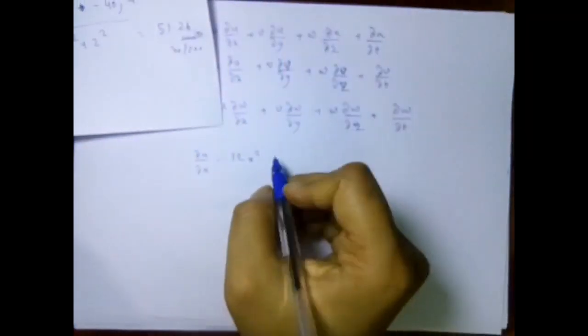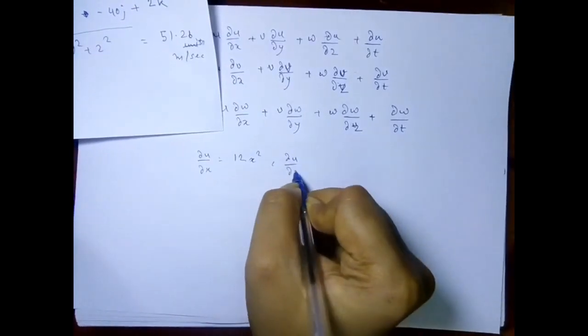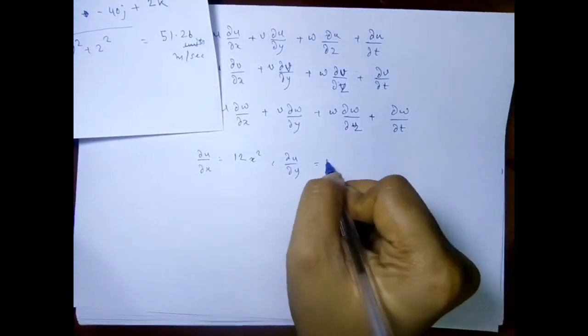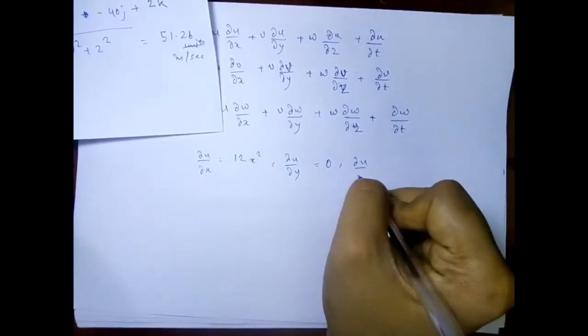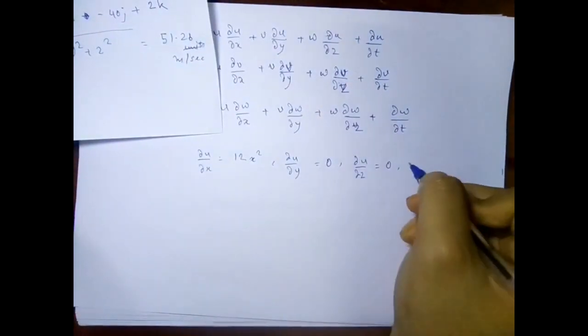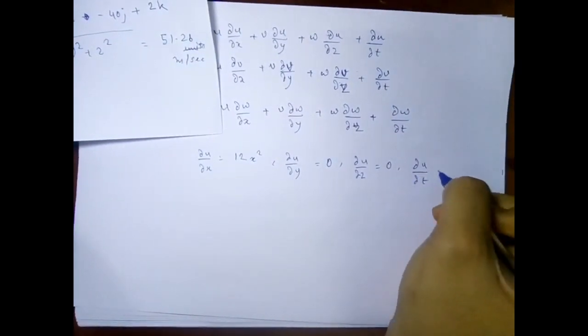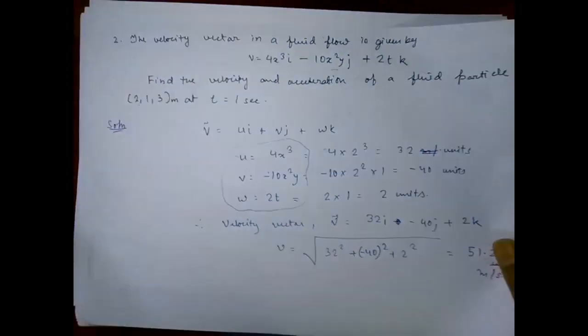Now del u by del y will be equal to 0, del u by del z will be equal to 0, and del u by del t will also be equal to 0 because it has only x terms.